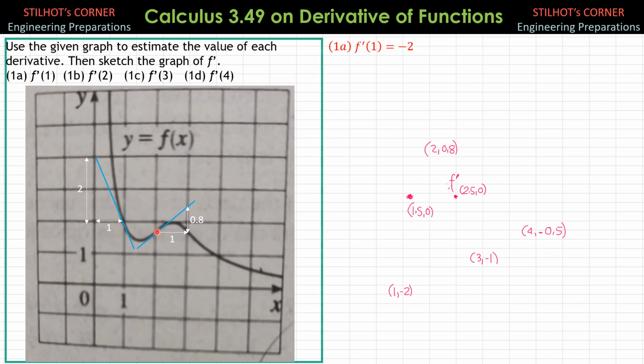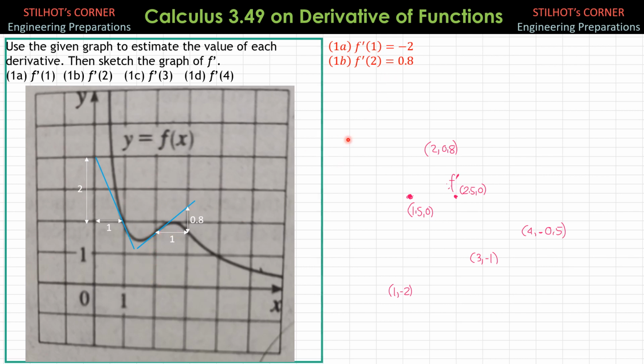So this is 0.3, 0.4, or 0.3, 0.5. So 0.3 plus 0.5 is equal to 0.8. That's 1, and this is a positive slope. So 0.8 divided by 1 is 0.8. The estimated slope at 2 is 0.8. Therefore, f prime at 2 is 0.8.